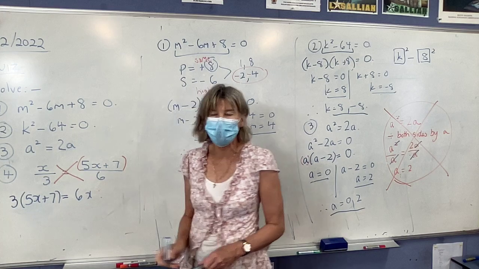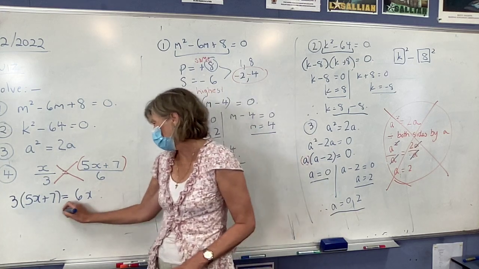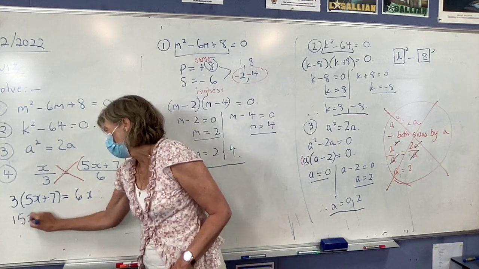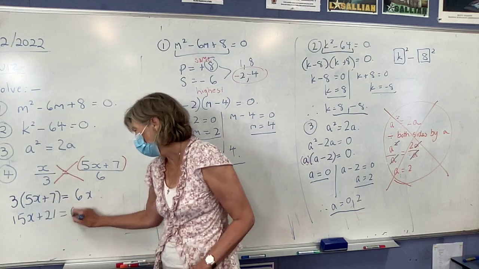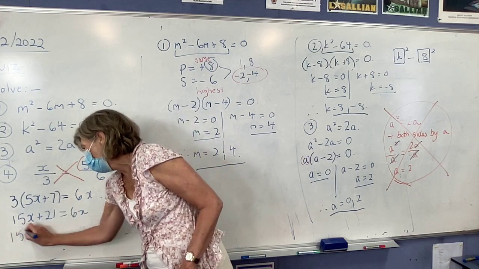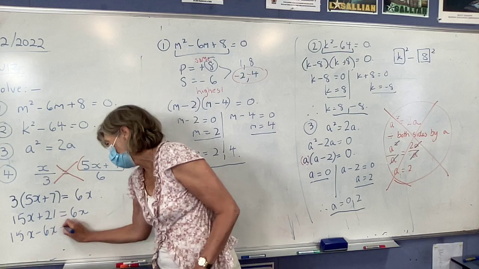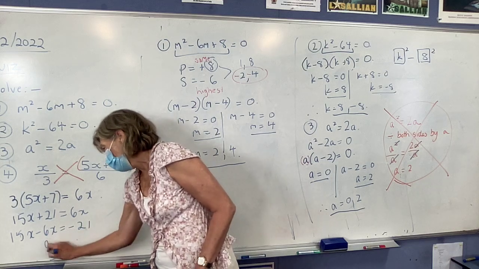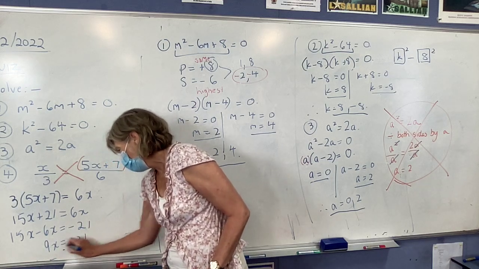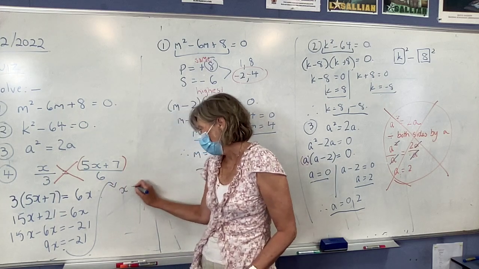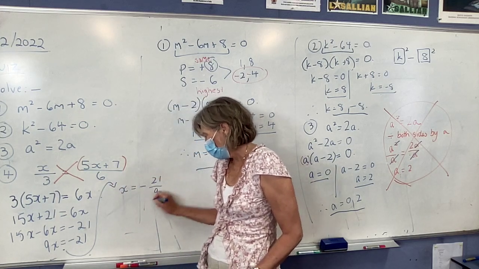Then 15x plus 21 equals 6x. Then 15x minus 6x equals minus 21. Then 9x equals negative 21. X equals negative 21 over 9. X equals negative 7 over 3.